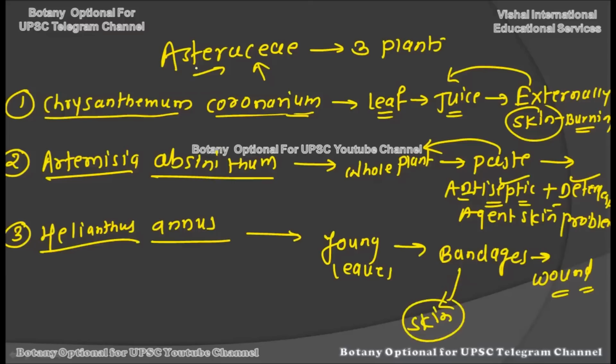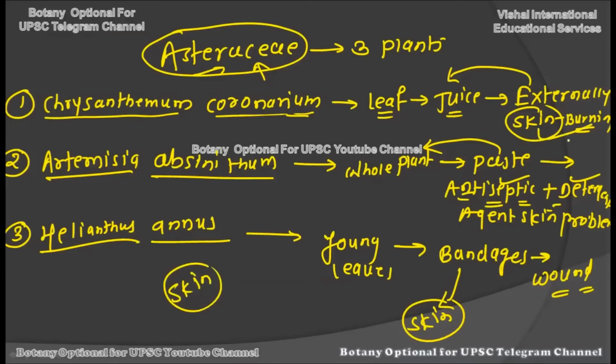So again, the third plant shows an application related with the skin. You should understand carefully that whenever we talk about the Asteraceae family, it shows great application in treating different types of skin conditions, whether it is skin burning, or a skin cut, or whether we want to cover that skin cut with bandages. All of these ethnomedicinal applications belong to the Asteraceae plant family. This will really help you remember this application when we talk about the ethnomedicinal value of different plant families, right?